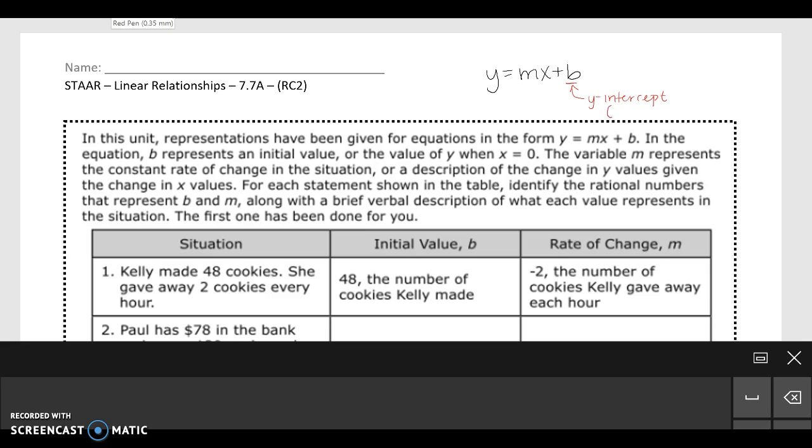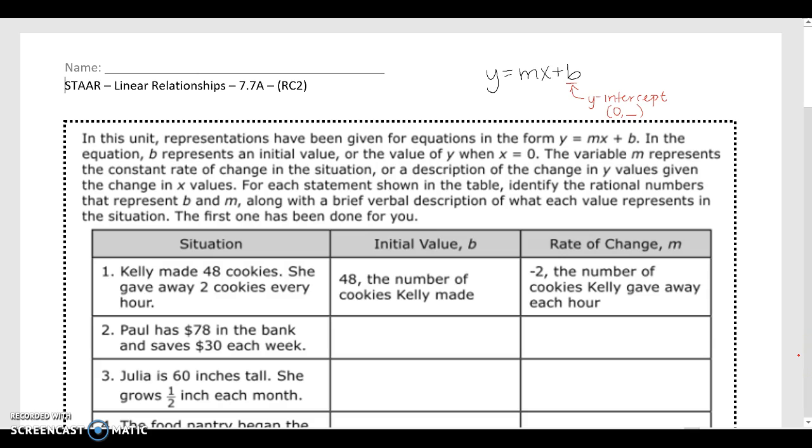So it's the value of y when x is 0. And it's where the line goes through the y-axis, which is the up and down axis. Okay, and then we have m, our rate of change, which means change in y over change in x. We always find our rate of change from a table, and we work from the bottom towards the top of the table.